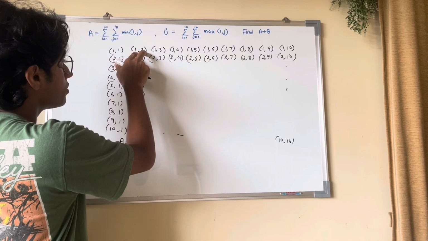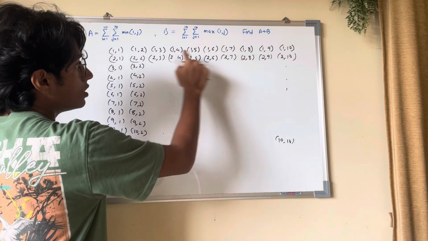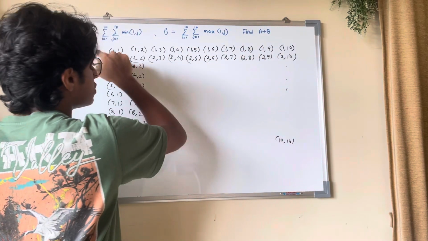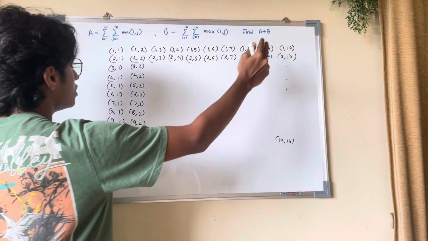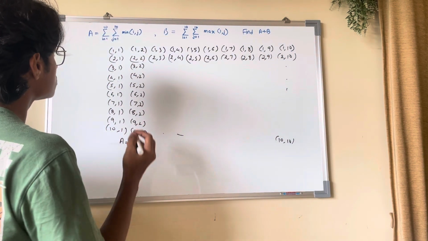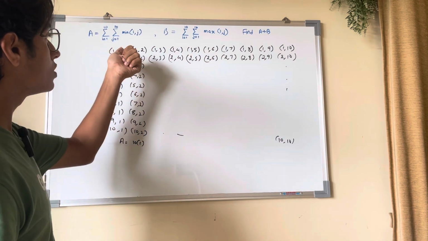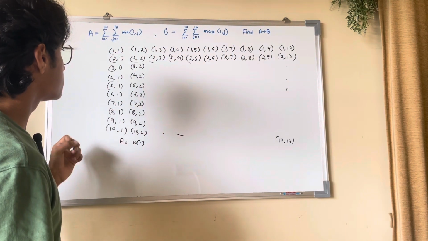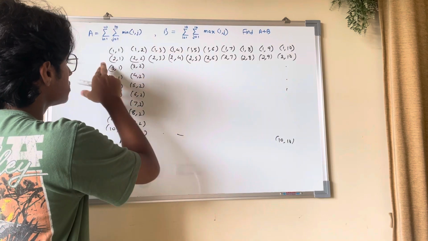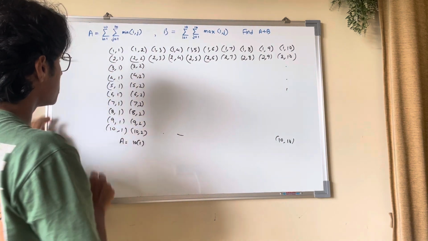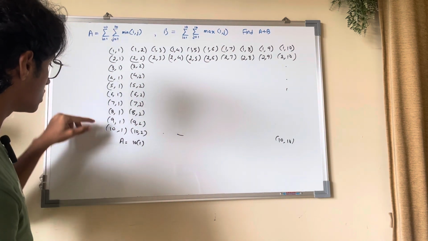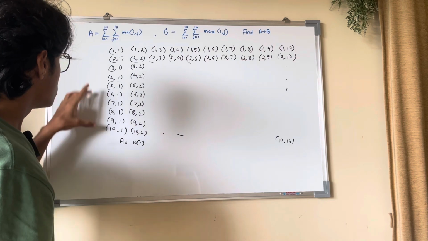From all the elements of the first row the minimum will be 1, so 10 times 1, because we are getting 1 from each of these elements 10 times. Let's come to the first column, that is 2 comma 1, 3 comma 1 and so on till 10 comma 1.